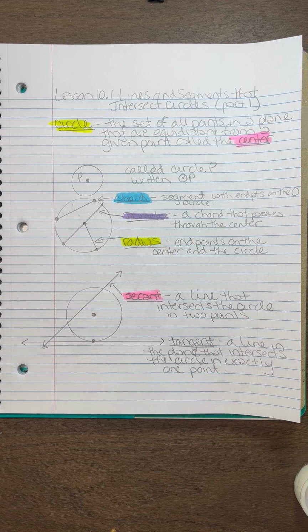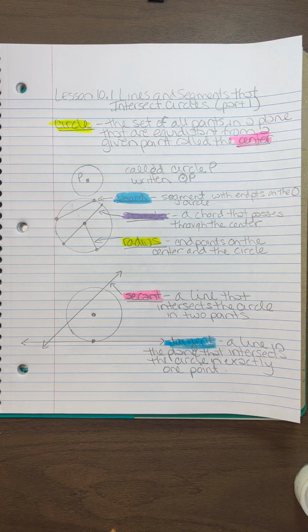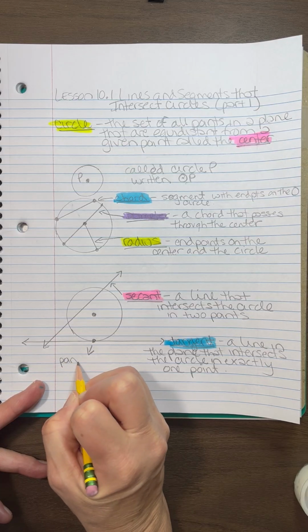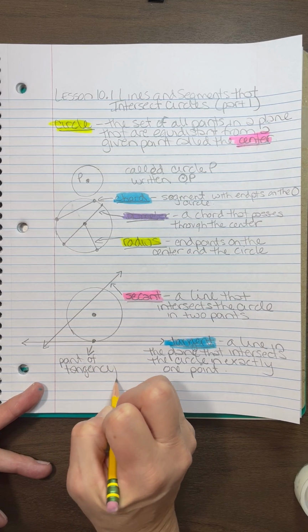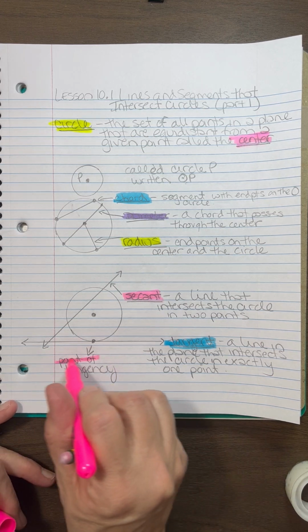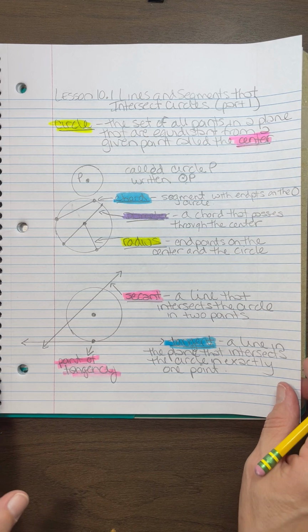Okay, that's your tangent. And then that point right there is called the point of tangency. So just in case you see that. Okay, so a lot of new vocab words. You should have known diameter and radius, but chord, secant, and tangent, you need to make sure you memorize those.